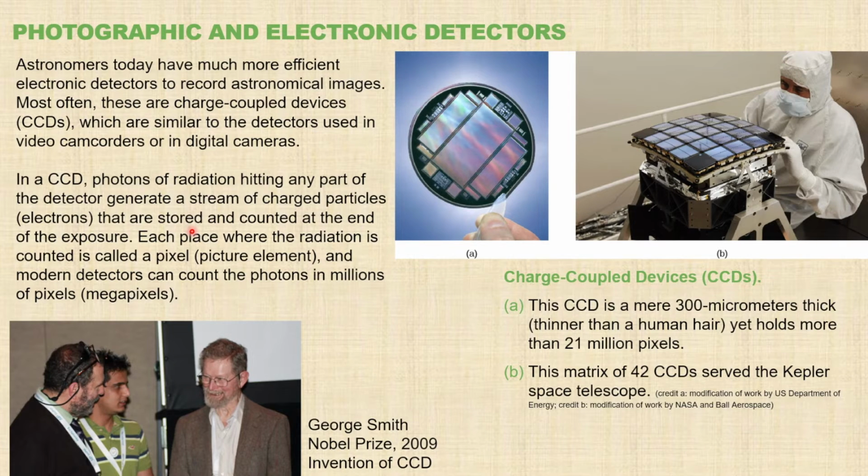They have grown, of course, and the efficiency of those CCDs has increased. As a matter of fact, each place where the radiation is counted, one photon hit, is called a pixel. Modern detectors can count photons in millions of pixels, megapixels.